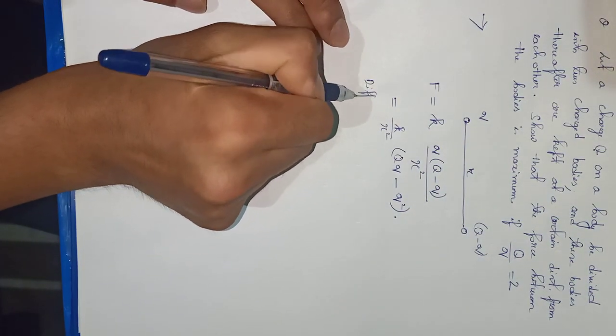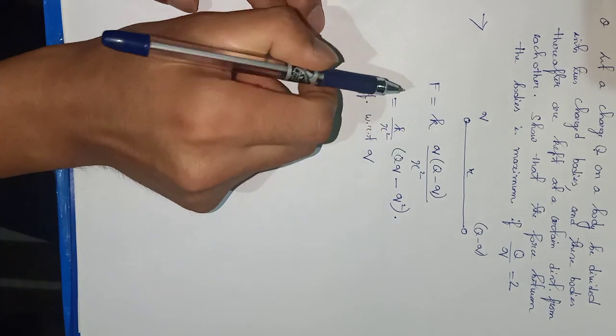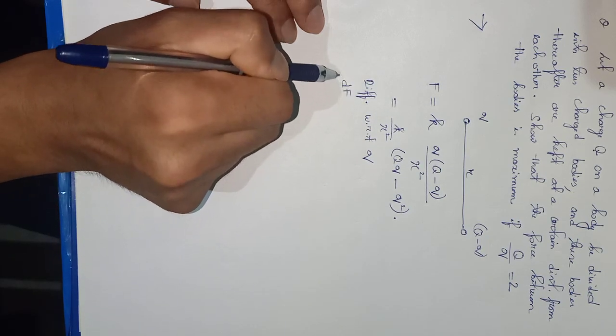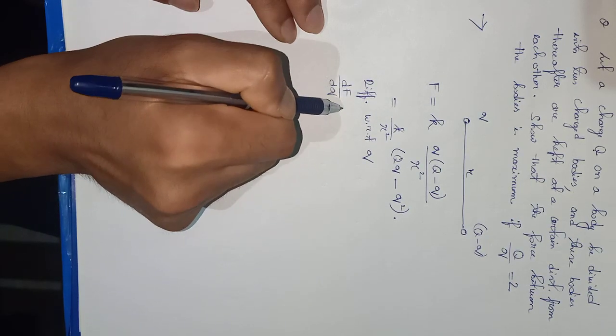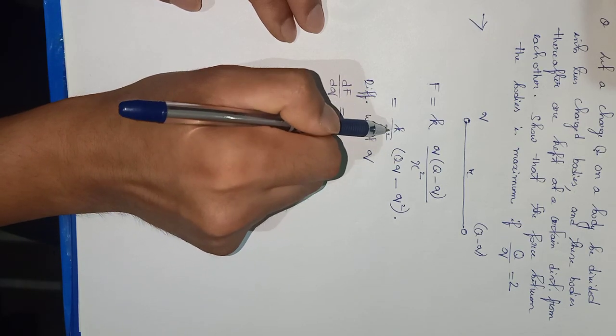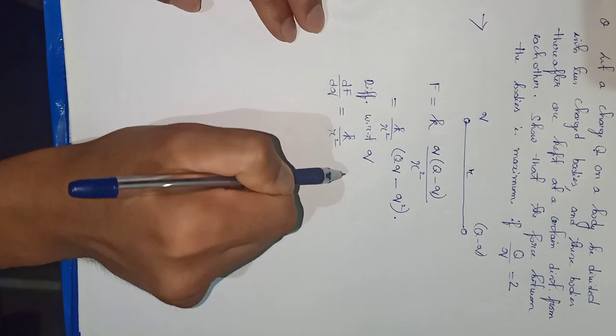Now differentiating with respect to q. So differentiation of F with respect to q will be dF by dq. Now K being a constant and distance being a constant, they are independent of differentiation.